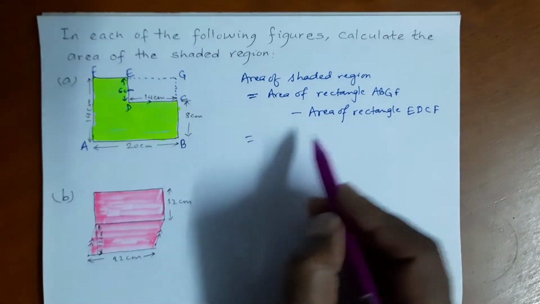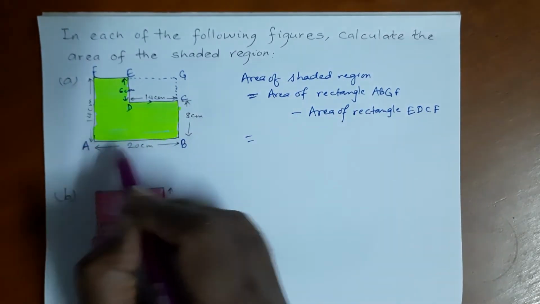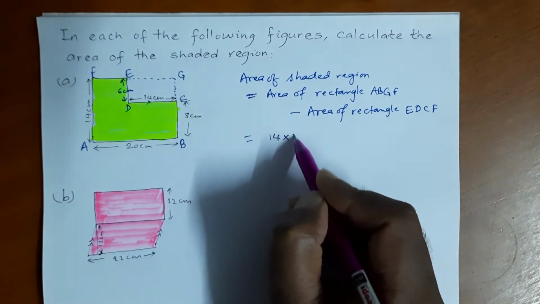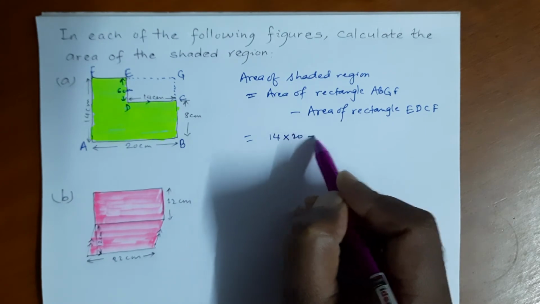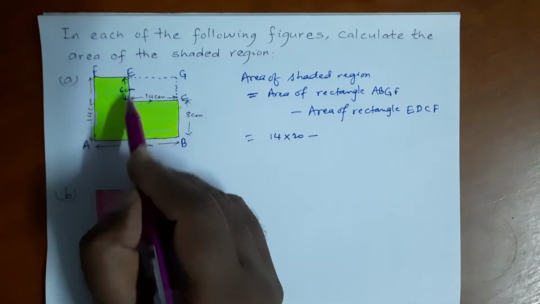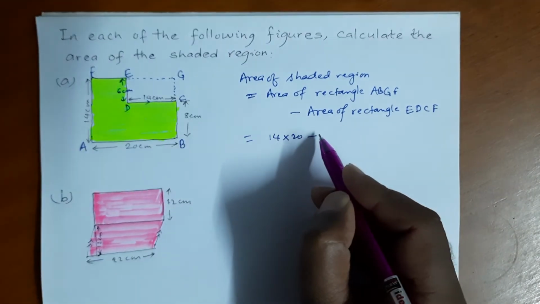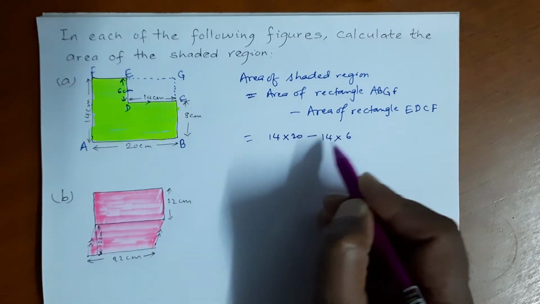So here the area of rectangle ABGF will be 14 times 20, minus the area of this rectangle EDCF, which will be 14 times 6.